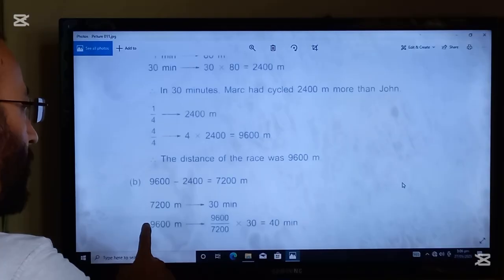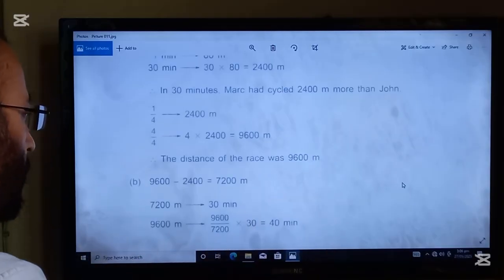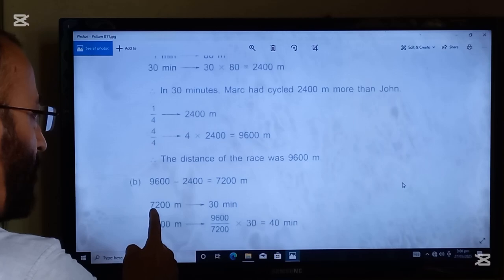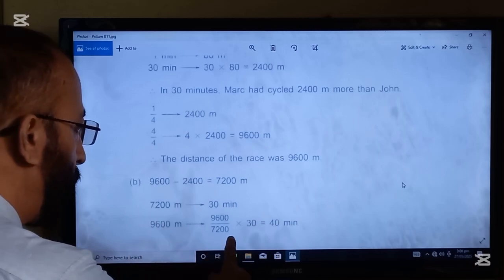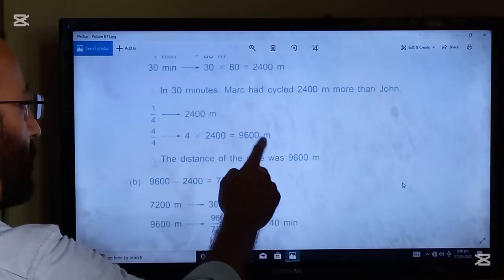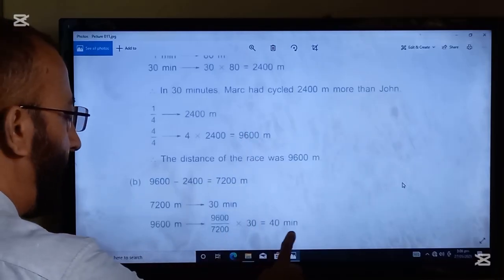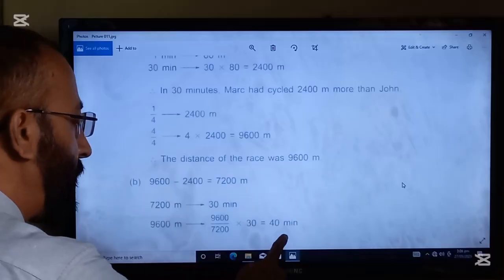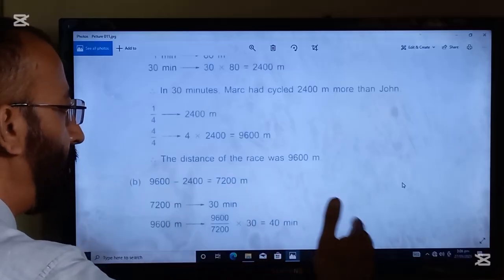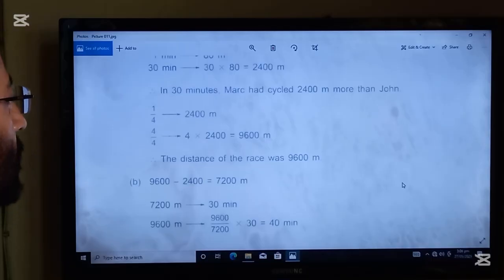So if 7200 meters is covered in 30 minutes by John, so 1 meter will be equal to 30 over 7200, and then 9600 is the total distance. Multiply 9600 on both sides will give us this time. So this is the time which is required by John to complete the 9600 meters.